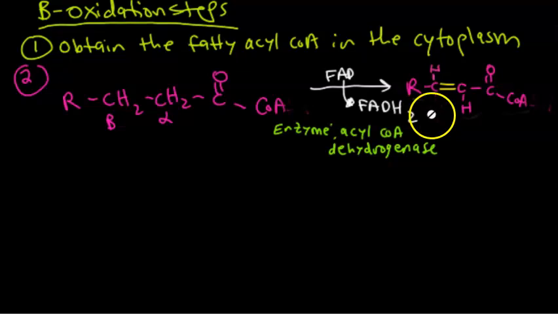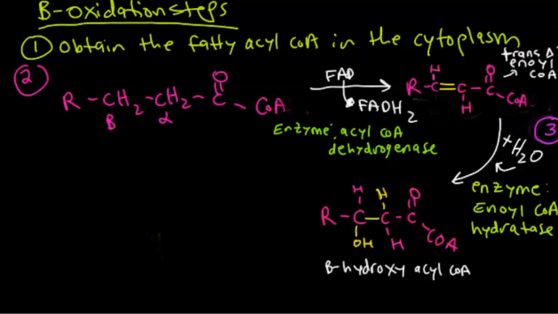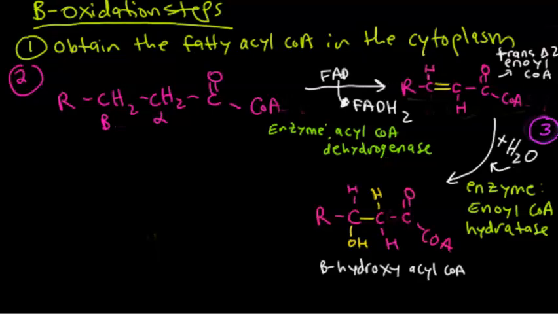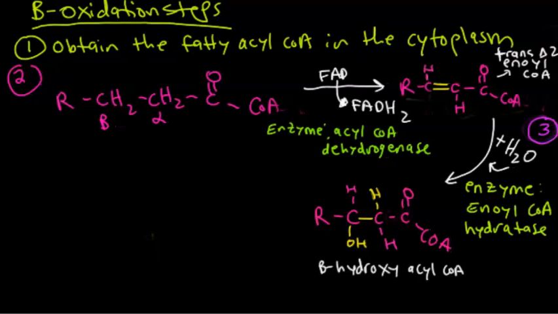So the resulting molecule has 2 fewer hydrogens. Now, what is that molecule called that we actually form? This molecule is called trans delta 2 enoyl CoA. So this is the molecule that we are going to form right over here.